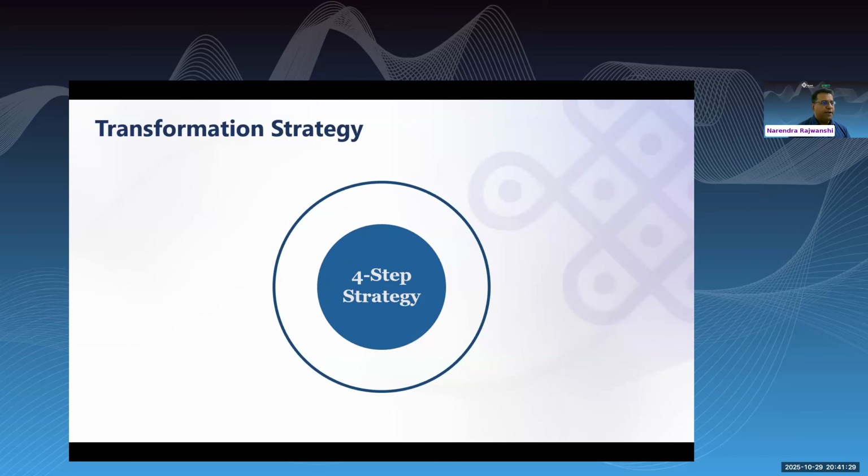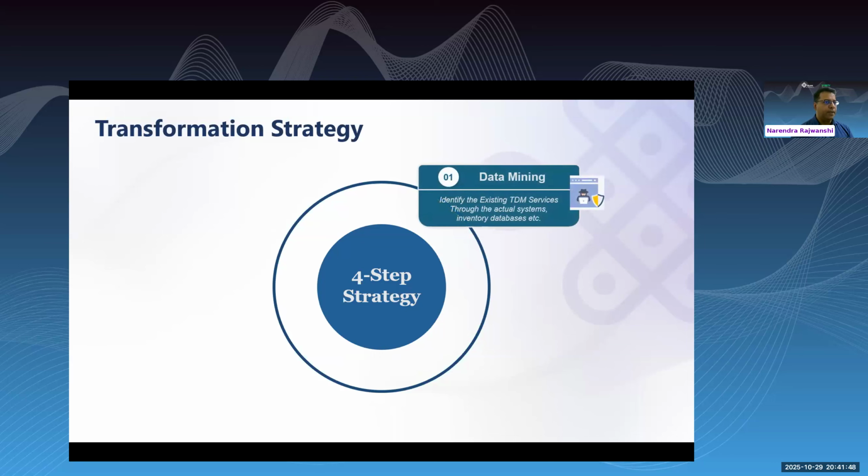Now let's talk about the transformation, how to transform these legacy networks to a new packet technology. It's a 4-step transformation strategy that we have chalked out and worked well in our earlier transformations.